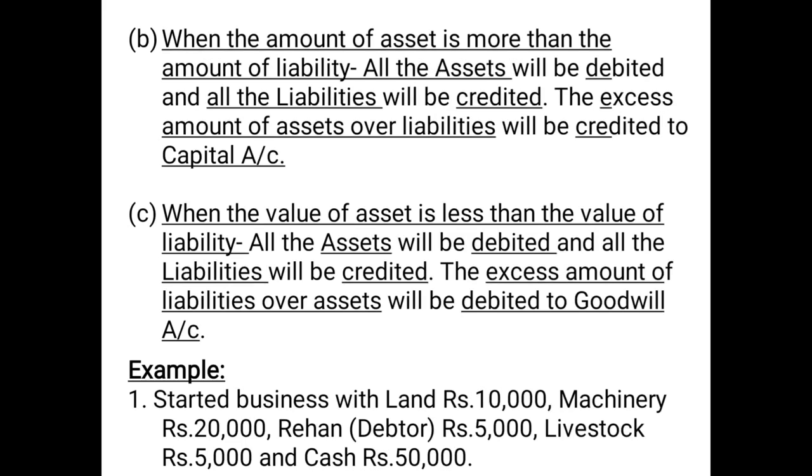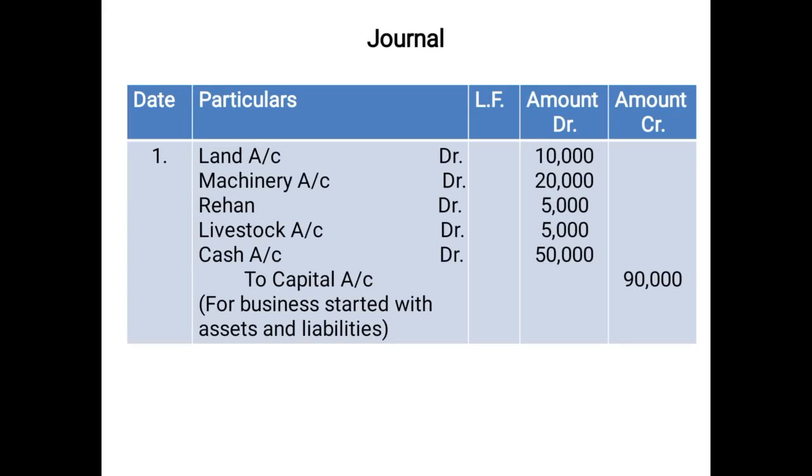So what you will do, you will debit all the assets. That means, as you can see, land account debited 10,000, machinery account debited 20,000, Rehan debited 5,000. We will not suffix the word account in front of Rehan because Rehan is a human being. Livestock account debited 5,000, then cash account debited 50,000.